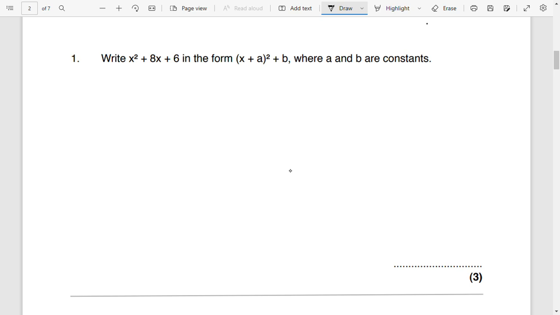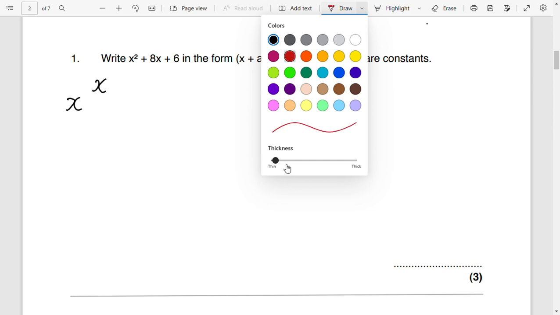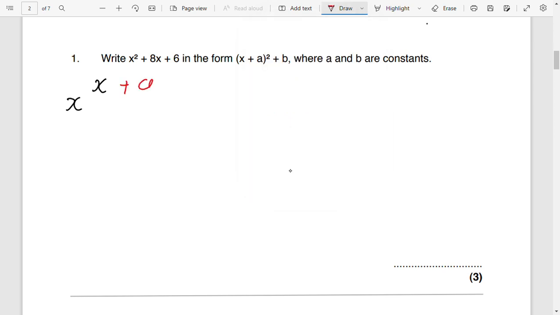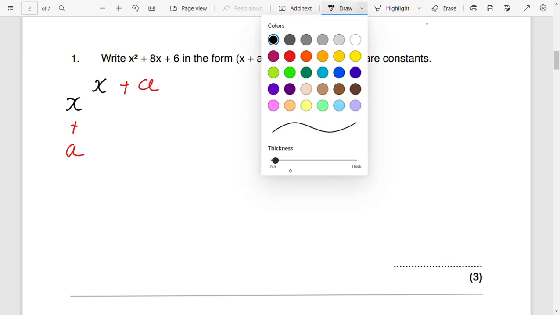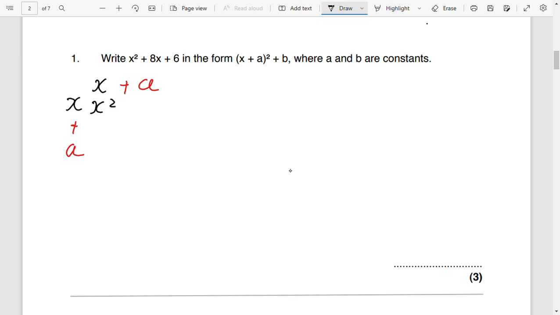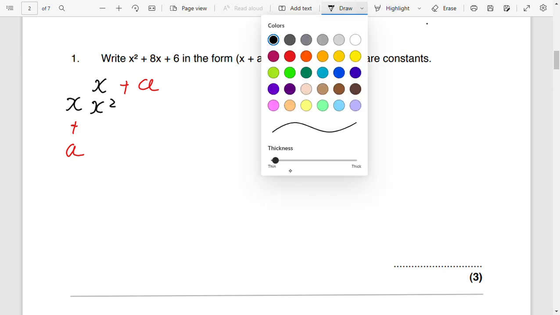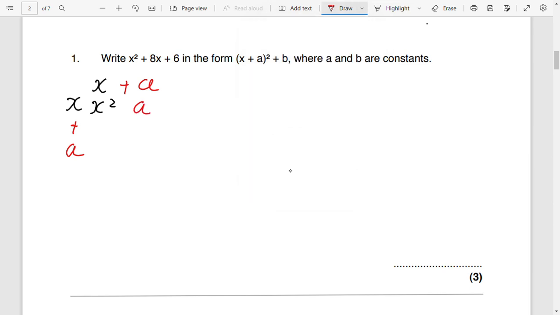This (x plus a) squared, let's expand it out and see what it would look like. So we're going to have (x plus a) and (x plus a). So x times x is going to be x squared, plus ax, and we're going to have that twice, ax and ax, and then we're going to have a times a, which is going to be a squared.